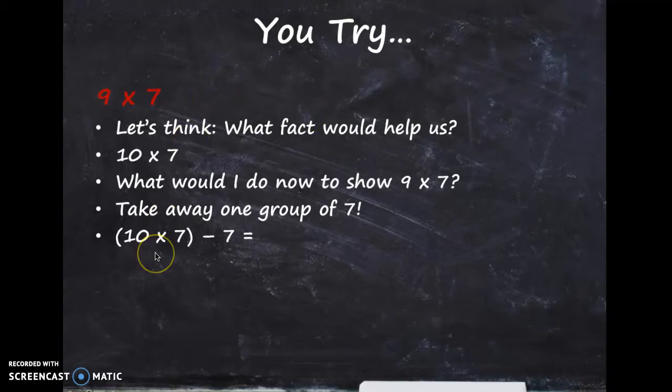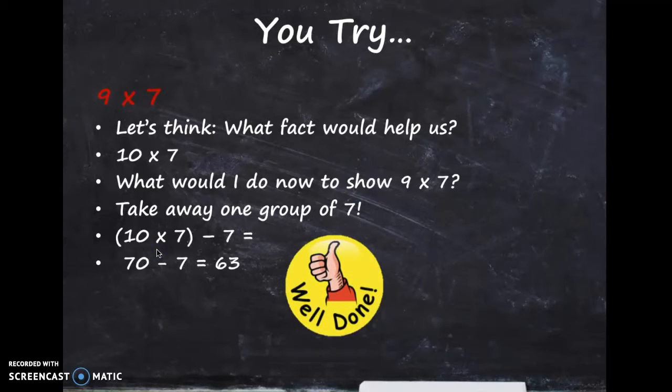Leaving our equation as 10 times 7, take away one group of 7, gives us our product of 63. If you solved that right along with us, you did an excellent job. Well done, my friends. Let's try one more before I send you off to do your problem set.